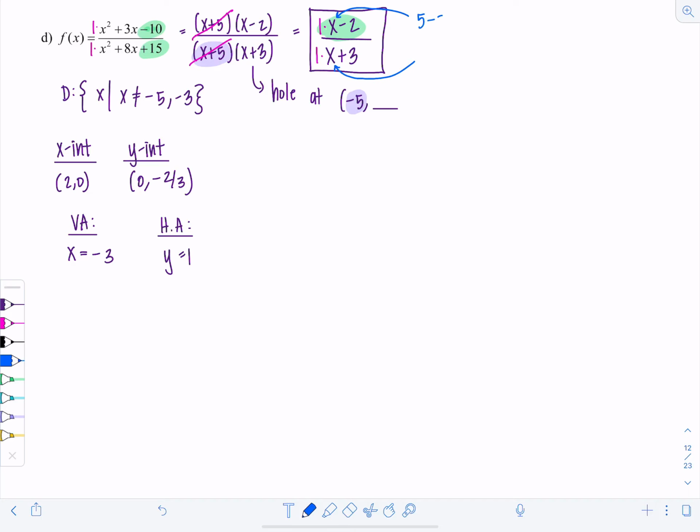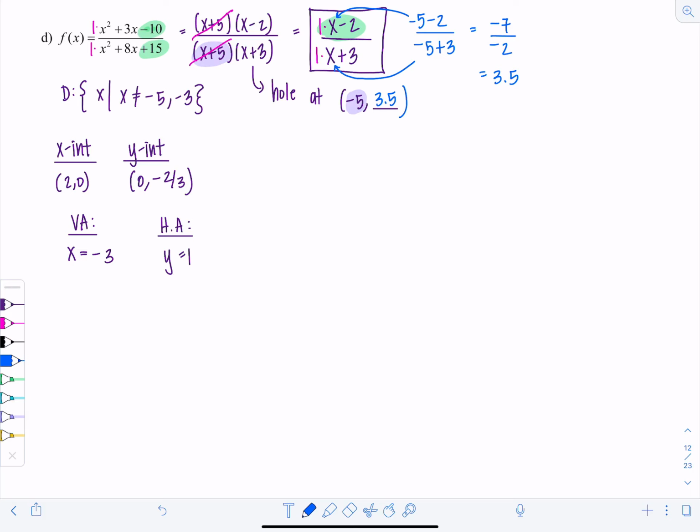So -5 minus 2 over -5 plus 3. That's going to be -7 over -2, which is 3.5. So the hole in the graph is at -5, 3.5. And when you plot a hole, you just plot it with an open circle right there. It's like someone came and plucked it out.